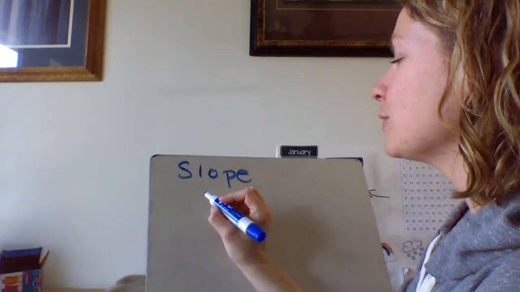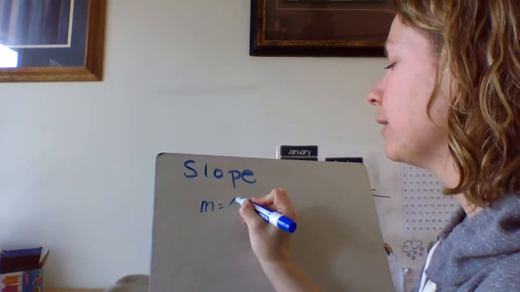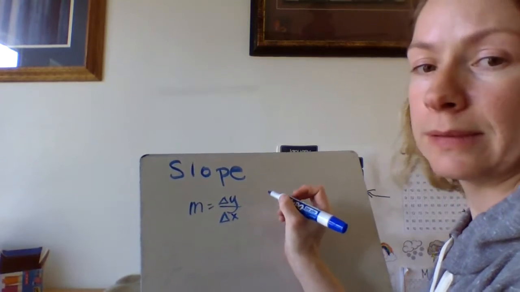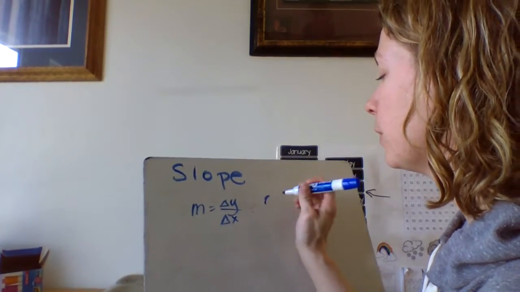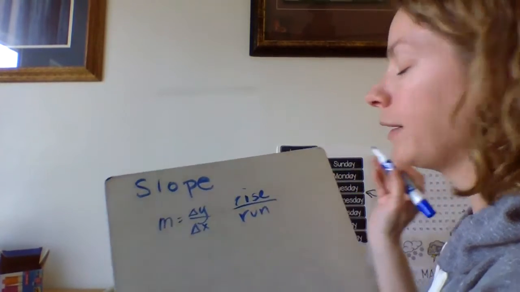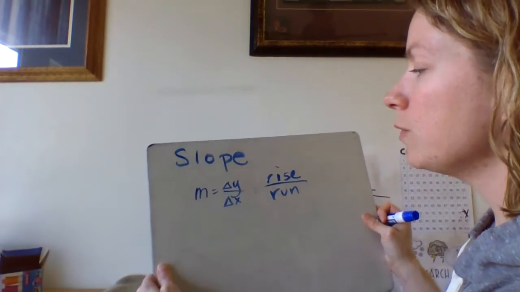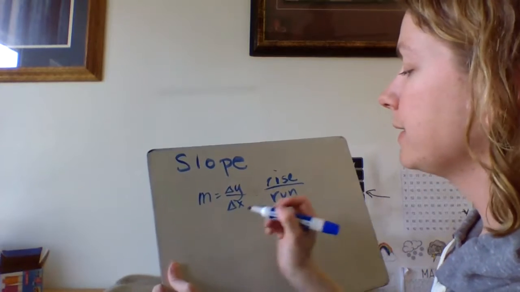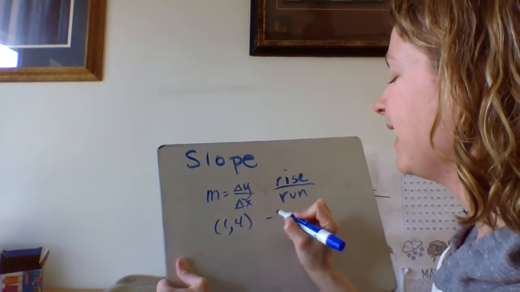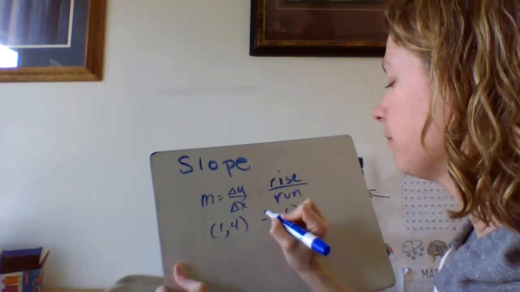Okay. So remember that slope is change in y over change in x, which is also rise over run. Okay, so if you've got 2 points, let's say I've got the points (1, 4) and (-2, 6).